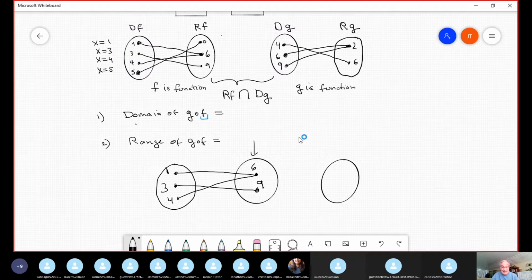So I can mentally eliminate this line. This line is not important in the composition. Okay, let me continue. In the second set, we have 2 and 6, but remember we have only 6 and 9. So 6 is associated with 2.